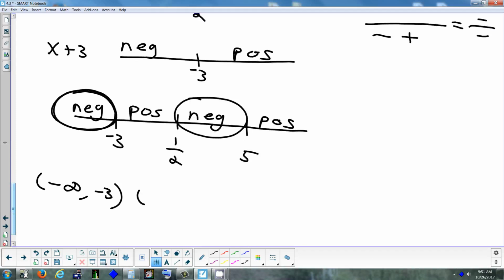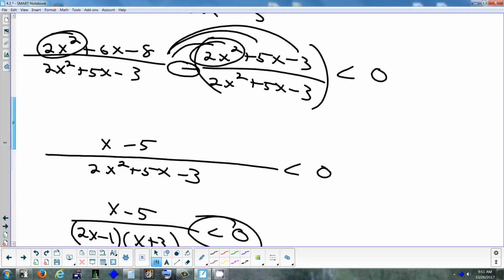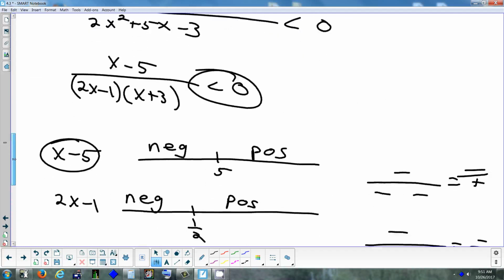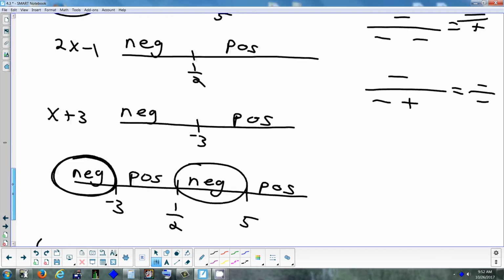Yep. And then from 1/2 to 5. And again, I used parentheses because it didn't say equal to. Also, you would want to use parentheses because you wouldn't want to include the number -3 in anything, because that's a divide by 0. So you always use parentheses because those numbers cause you to divide by 0.